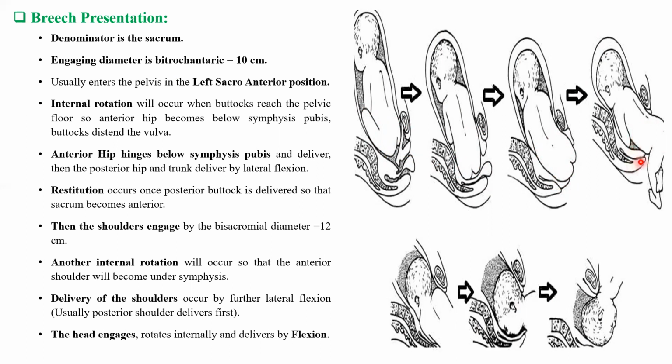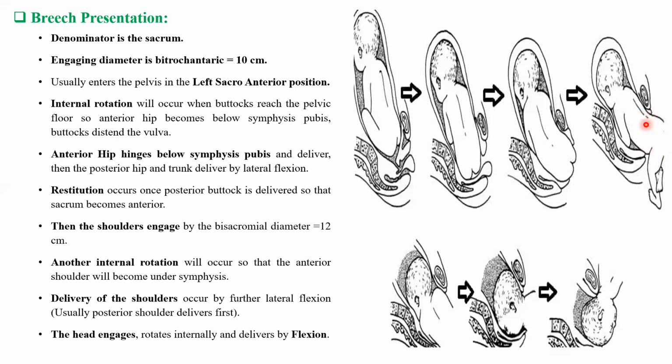After delivery of the trunk, restitution will occur. Restitution means the posterior buttock, once it is delivered, will become anterior. So now the back is anterior, and this is very important. If the baby does not rotate by himself during breech delivery, you will help to maintain the back anterior.